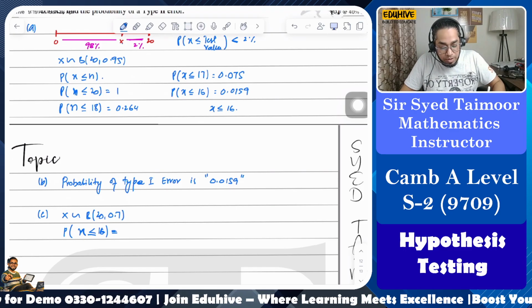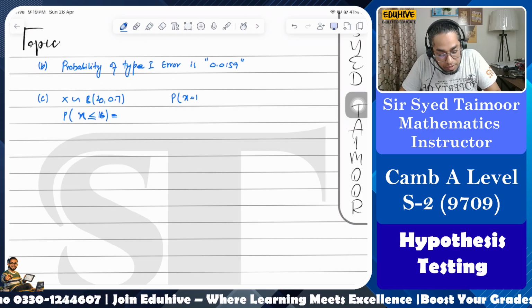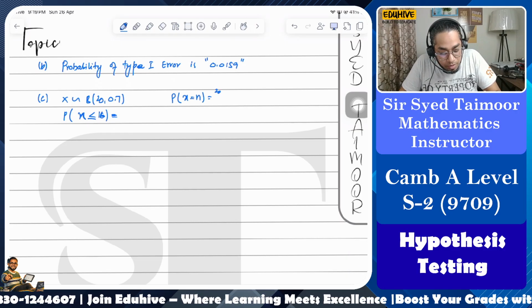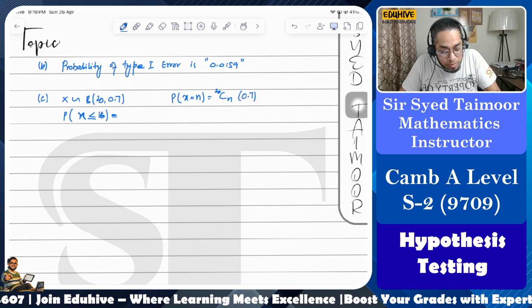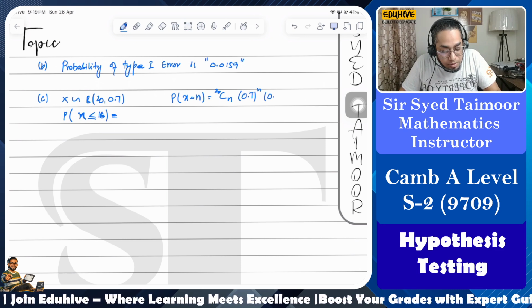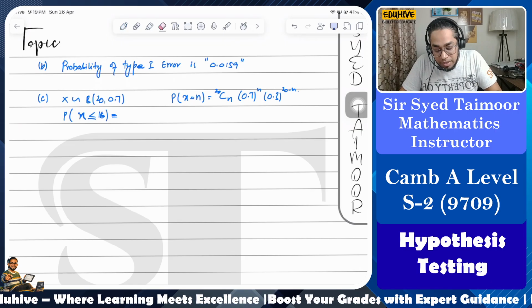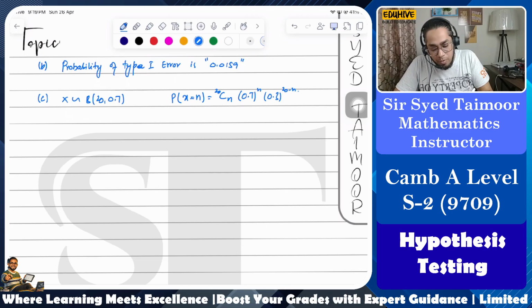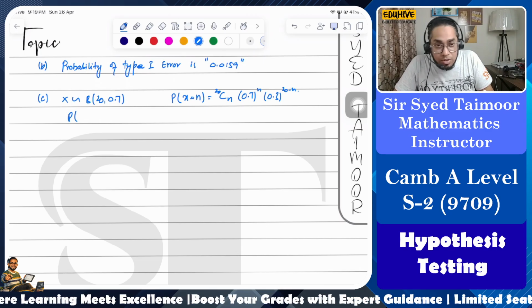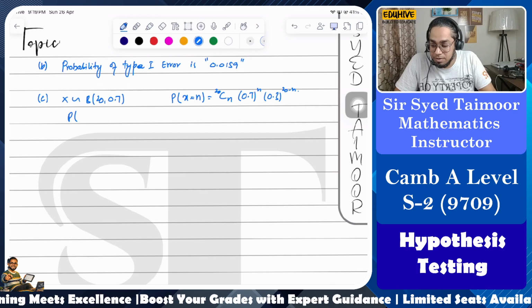If you want to do that, you can just go with it. It's equal to n equal to 20C, and the success will be, and the failure is 0.3, 20 minus n. And you will just go by hit and trial. It's understood in the calculation, so they will not cut the marks, because it is understood that we will go for hit and trial, whatever you write for this one.